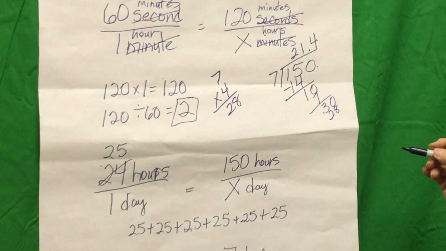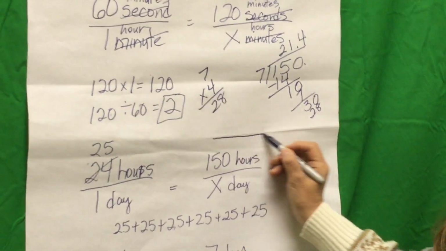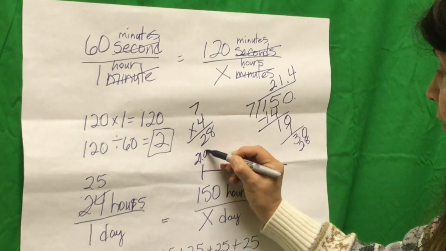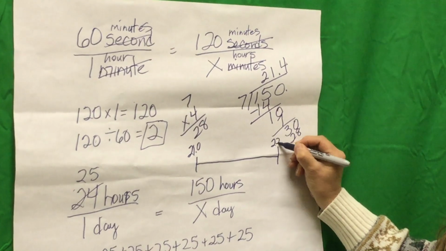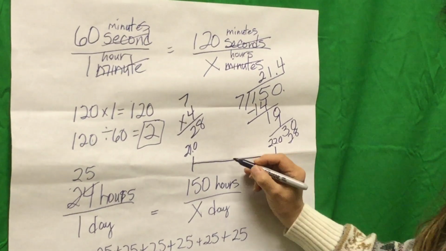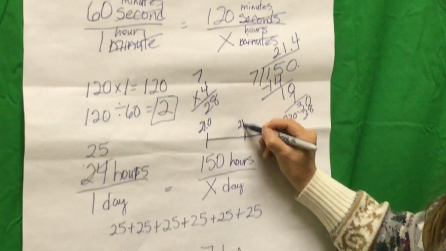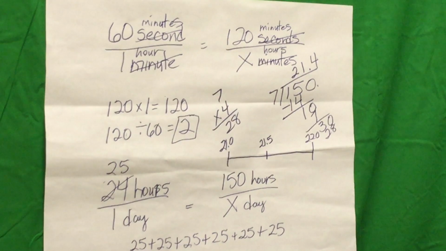And so on a number line, we're going to say 21.0, 22.0, 21.5 halfway in between.